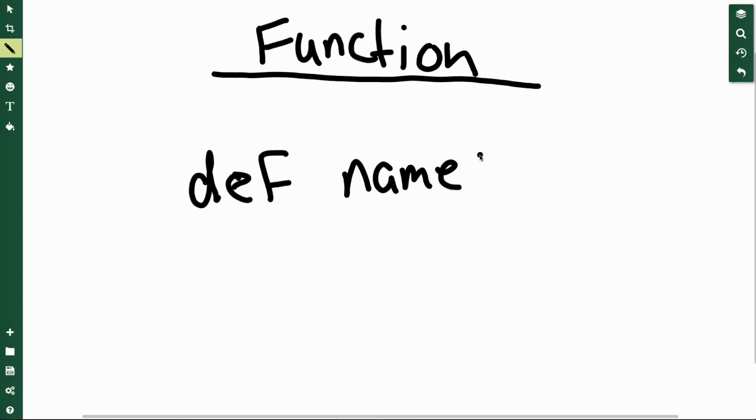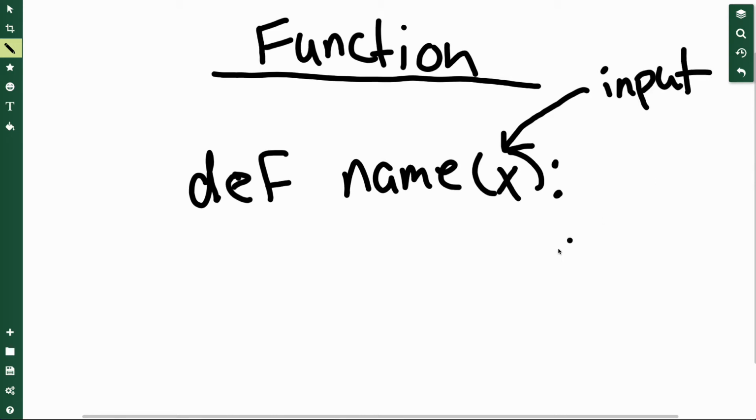And then you have the brackets. Why the brackets are important is that that's where you actually put the input. So we can do a line here and say this is the input to a function. Right here is the input. And then over here is where we would do the work, right? So this is where we would process something.